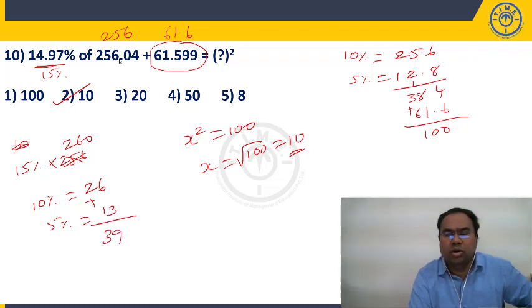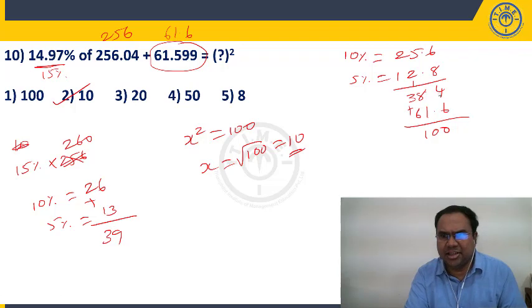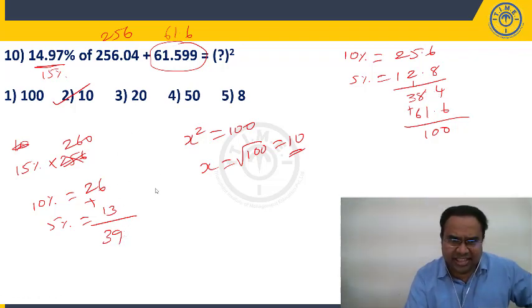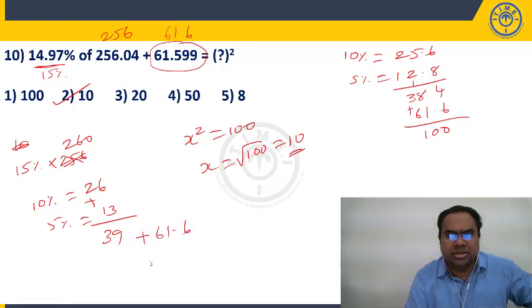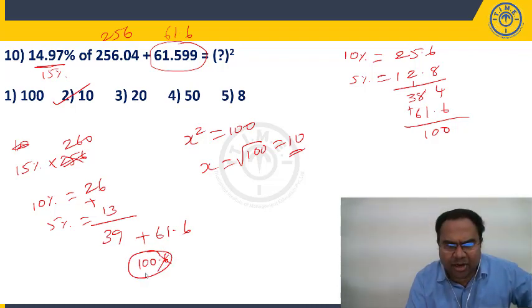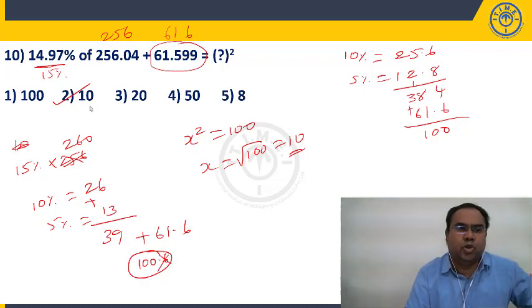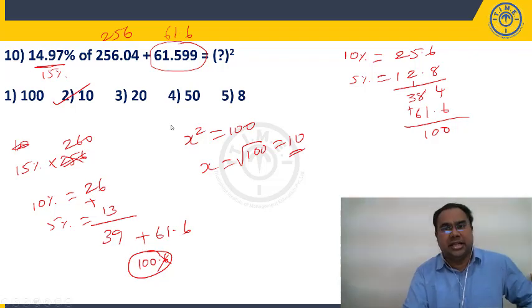I'm taking 4 more, so I'm getting 39 against the actual 38.4, slightly extra. So 61.6 becomes close to 100 or 100.6, approximately I can say 100. Root of 100 should be 10. 10 is present in the second option.